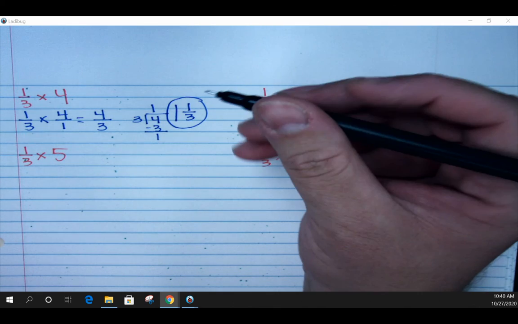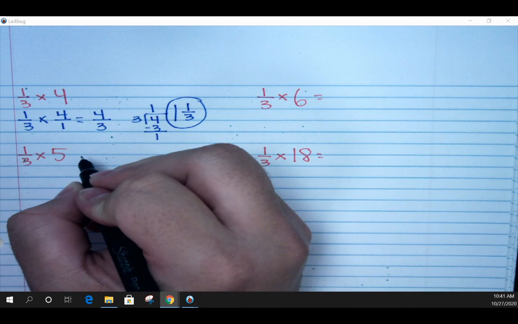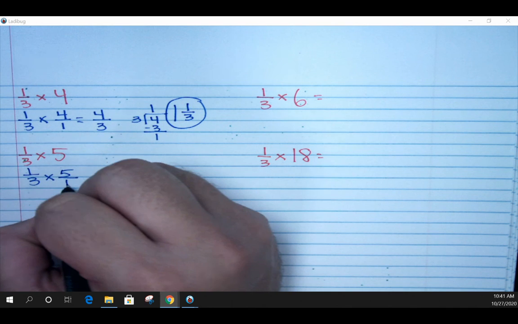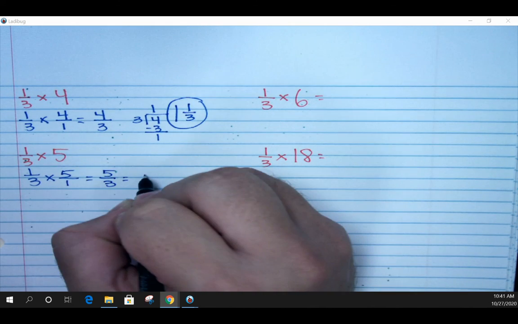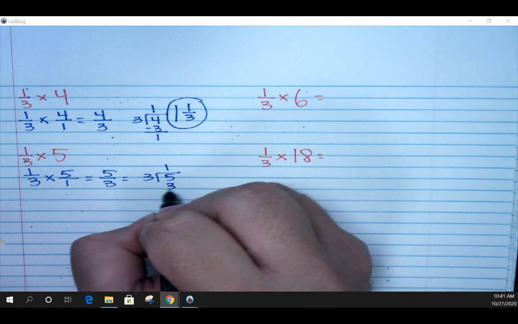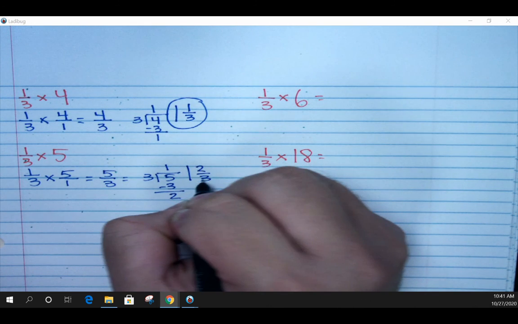Later, more specifically, I'll show you a way to do this a different way. 1/3 times 5 would be 1/3 times 5 over 1, which would be 5/3, which would be 3 into 5, 1 time. That's 2 left over, 1 2/3.